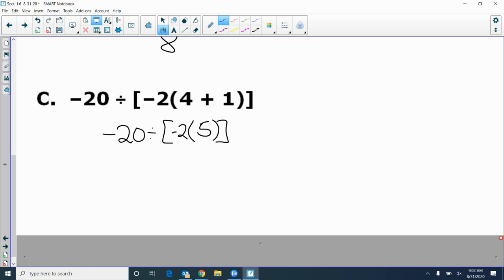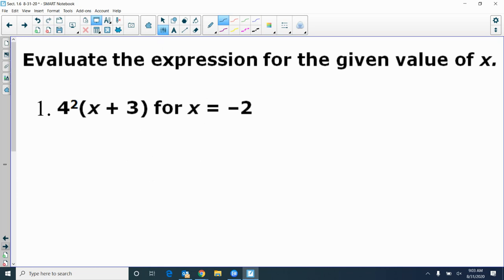So negative 2 times 5 is gonna be what? Negative 10. Negative 10, excellent. Bring down my division sign. All right, now I have negative 20 divided by negative 10, Christian. 2. Good, I have an answer of positive 2. Very good job.